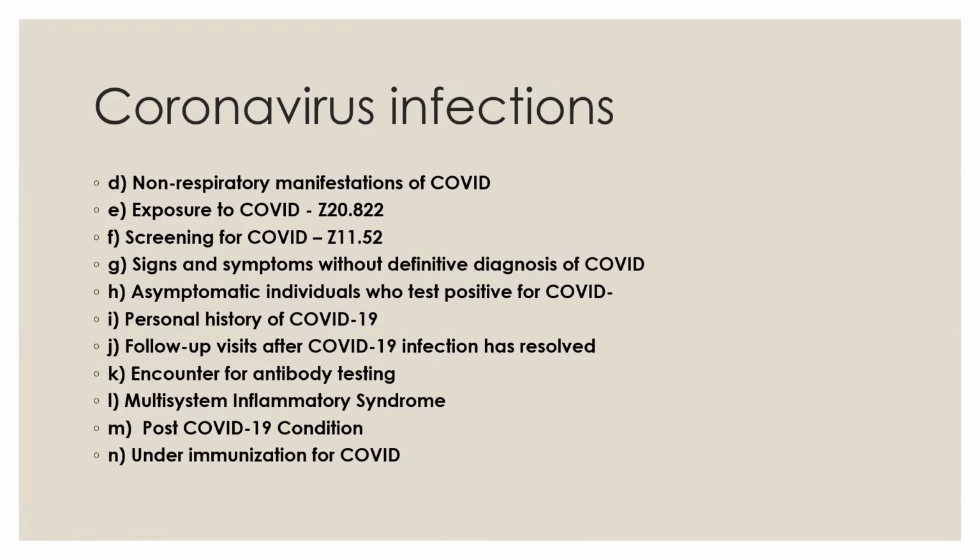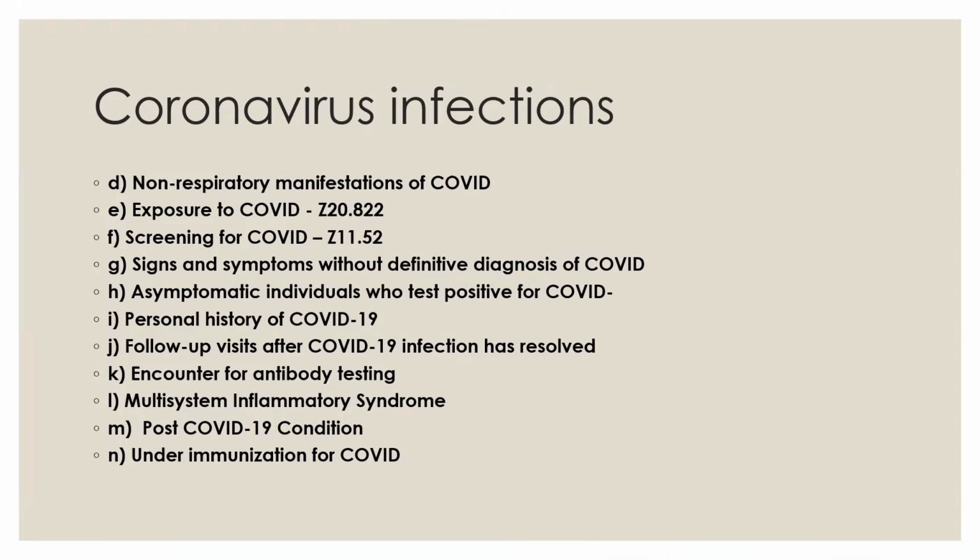Now, if a person has a history of COVID and then develops the MIS, you'll want to make sure that you code the M35.81 and the U09.9 for post-COVID condition. When a person has a known or suspected exposure to COVID with no current COVID infection or history of COVID infection, you want to use M35.81 and Z20.822.